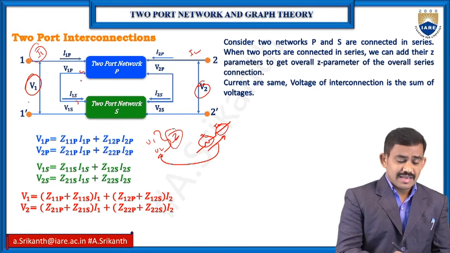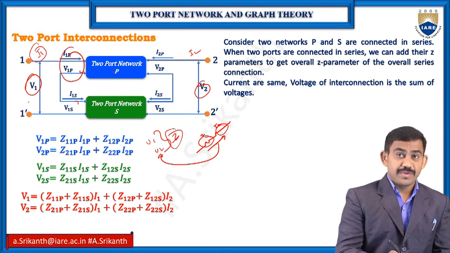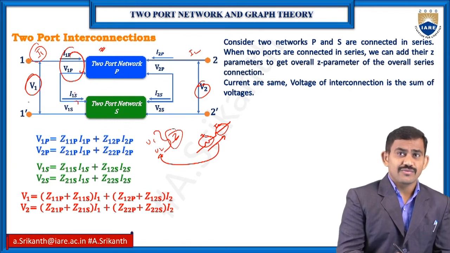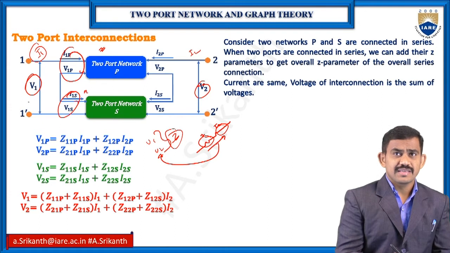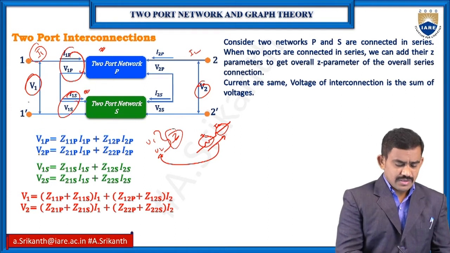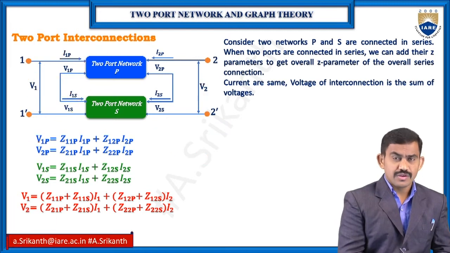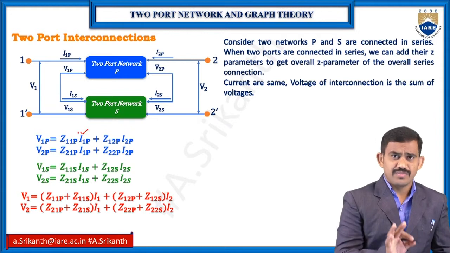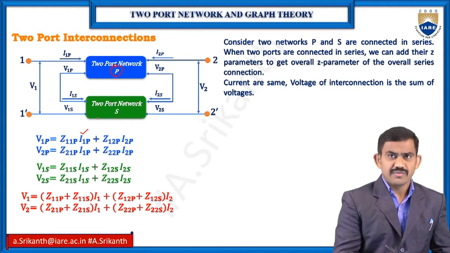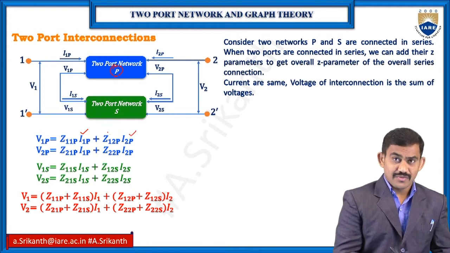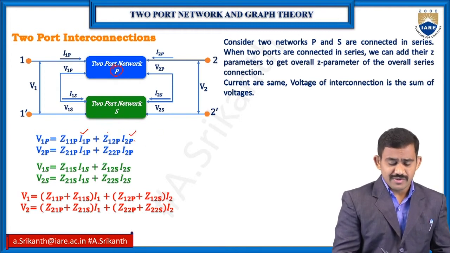For the P network, I want the Z equation, and for the S network, I also want the Z equation. In the P network, we have Z11, Z12, and the P network currents I1 and I2. Same for the S network, with I1 and I2 of the S network.